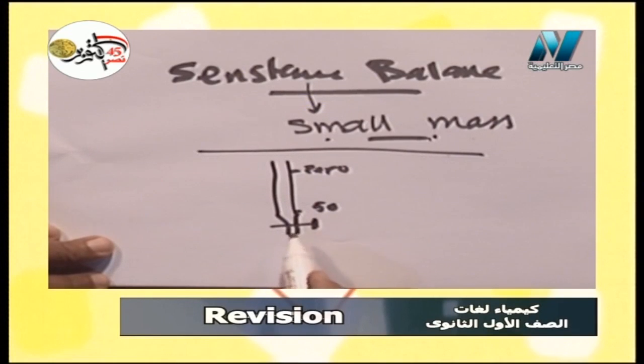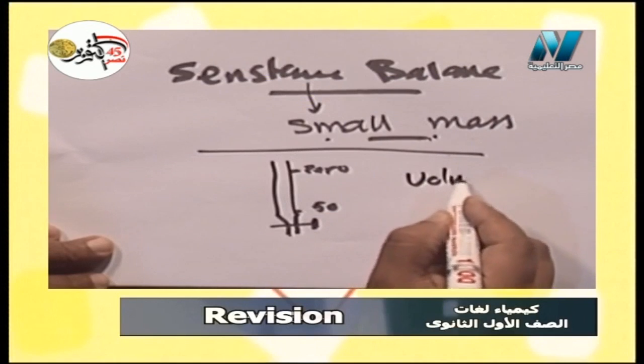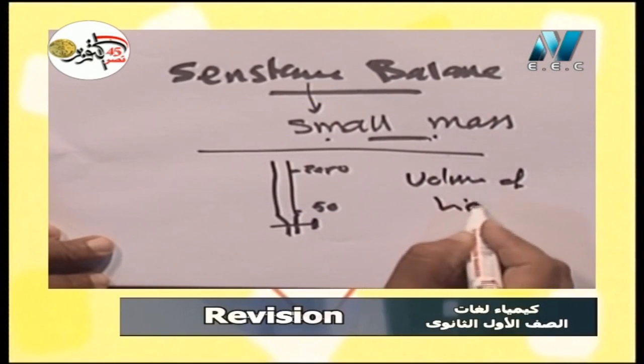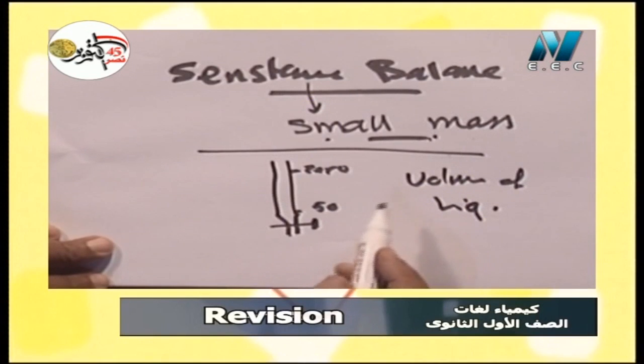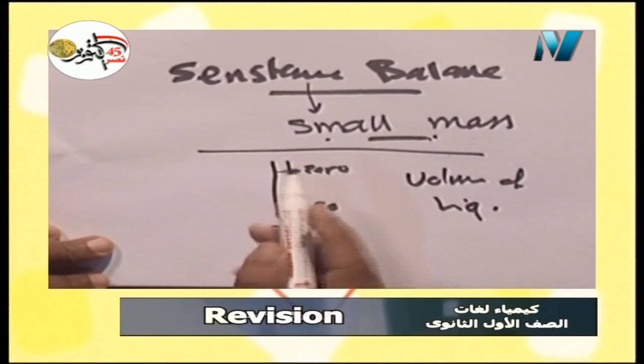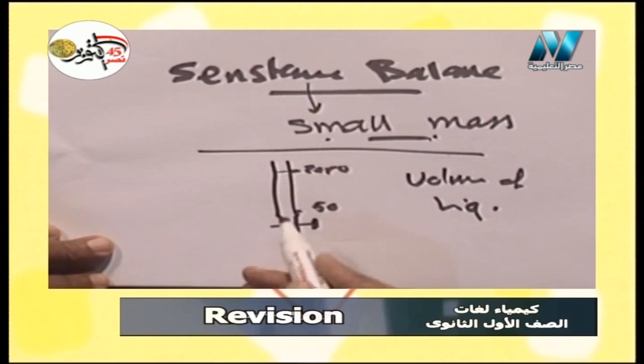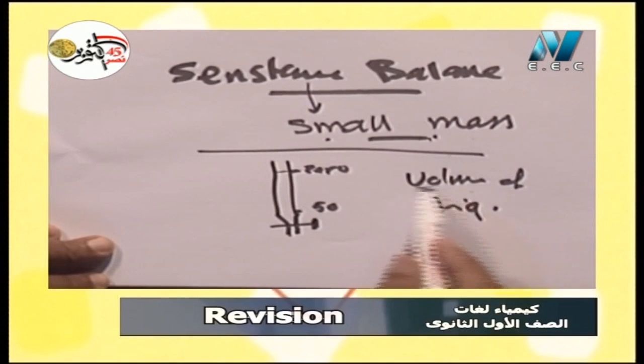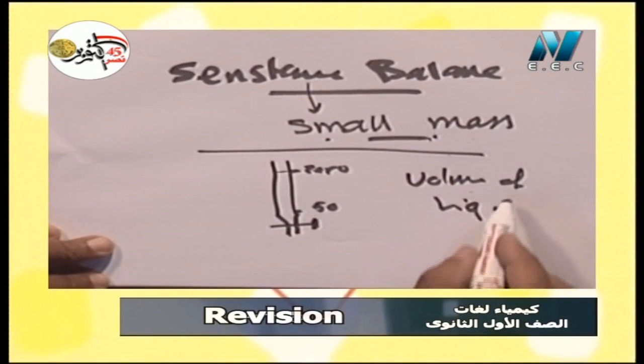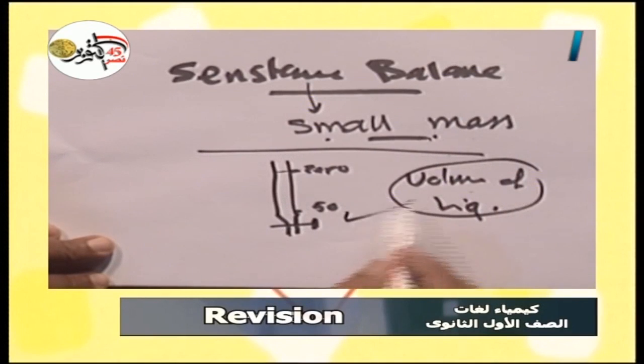We use it to obtain an accurate volume of liquid. What do we mean by accurate volume? Accurate volume means that it can adjust the volume of liquid. So we can obtain the accurate volume by using a burette.